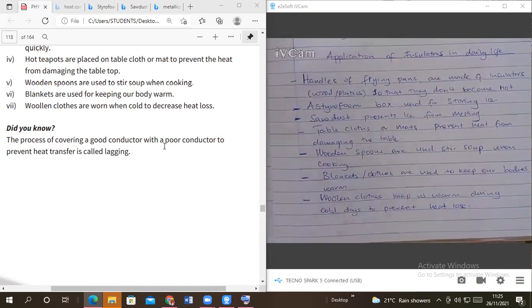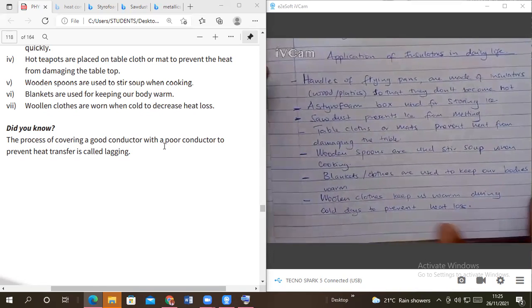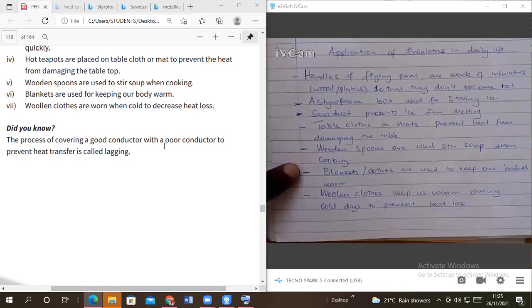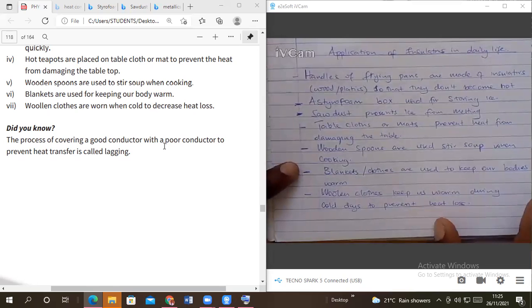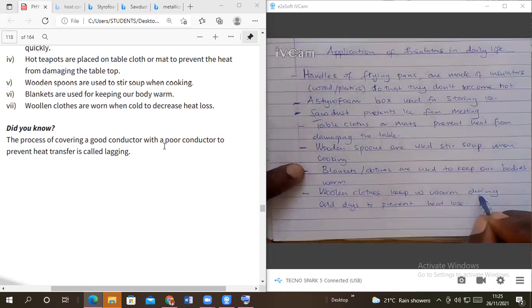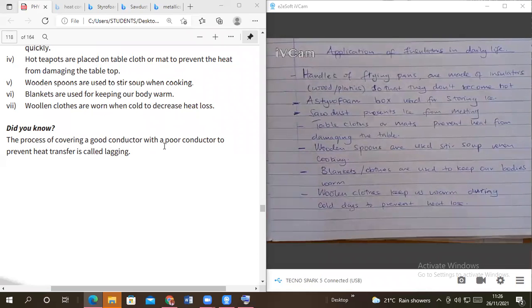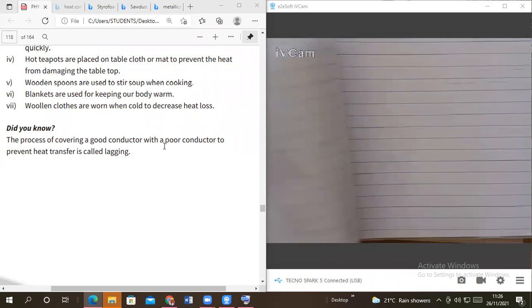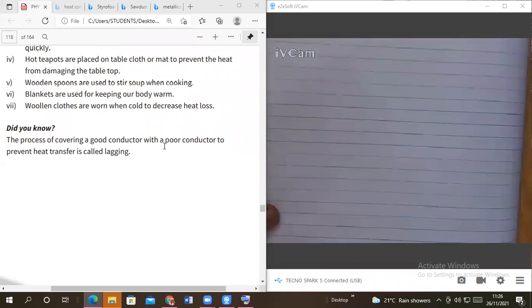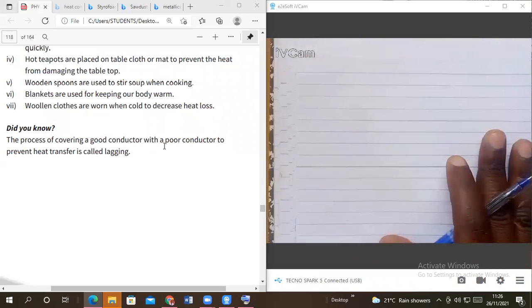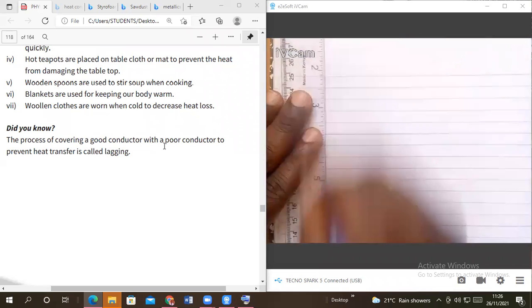Where do you think lagging is found? So let us write the heading lagging, and we define what lagging is.